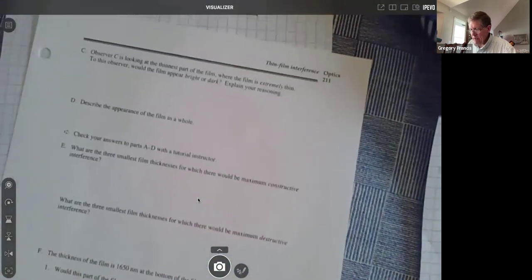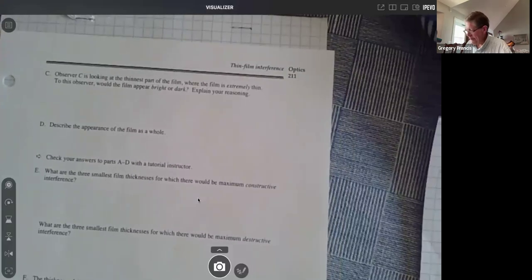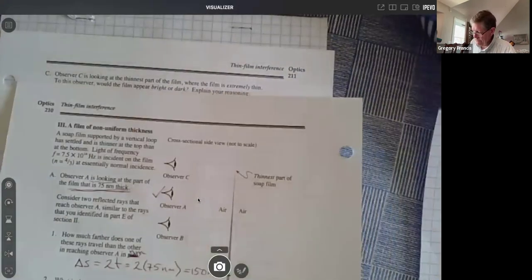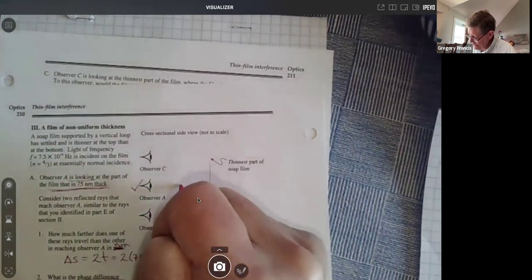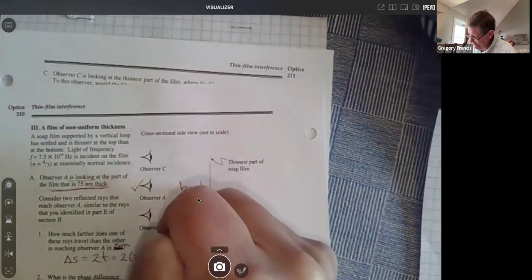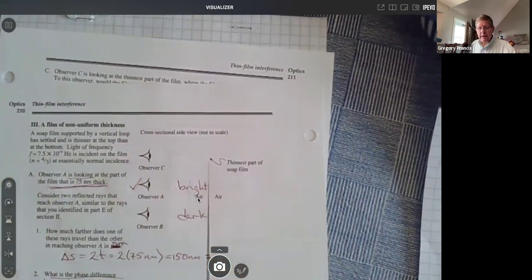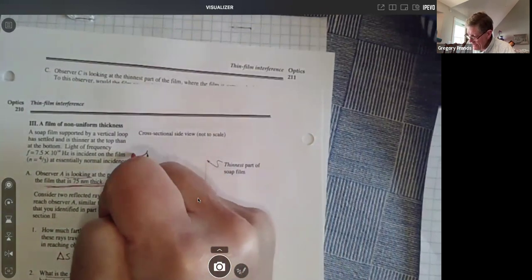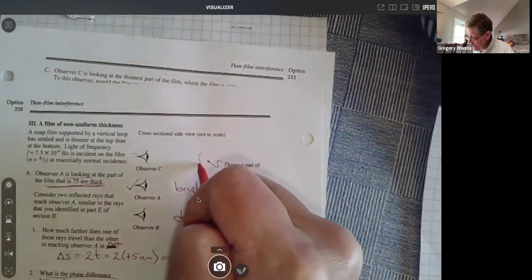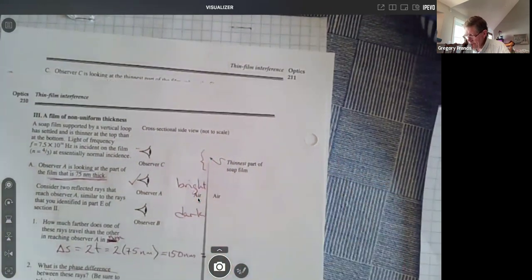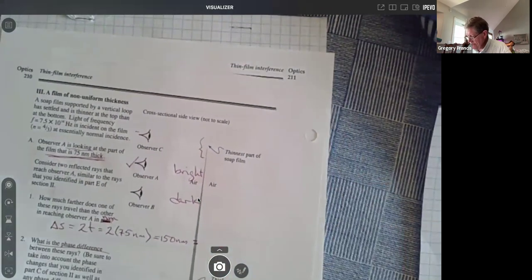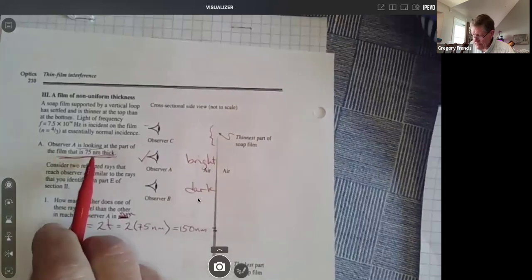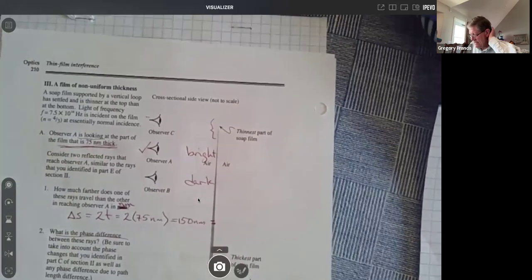Now observer C. So we said that this was going to be dark, and this would be bright. Now, observer C is looking at this region here where it is thinner than 75 nanometers.